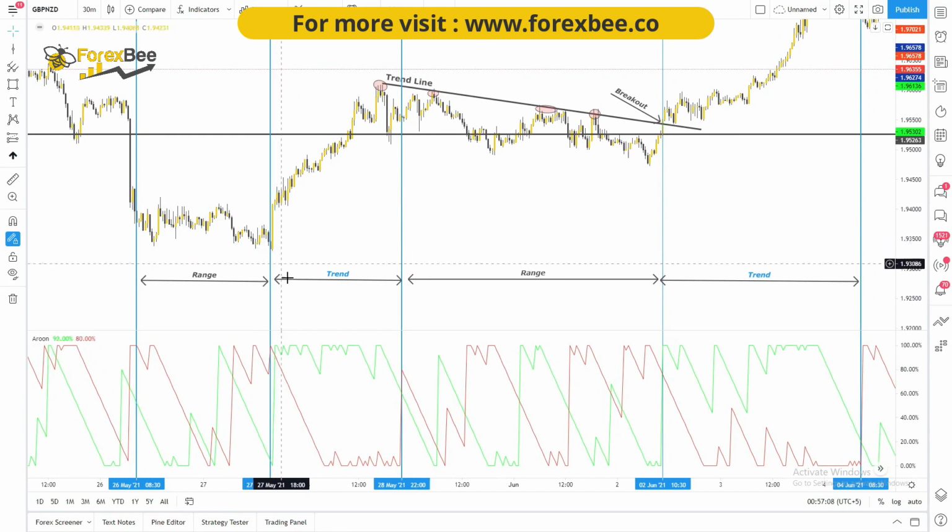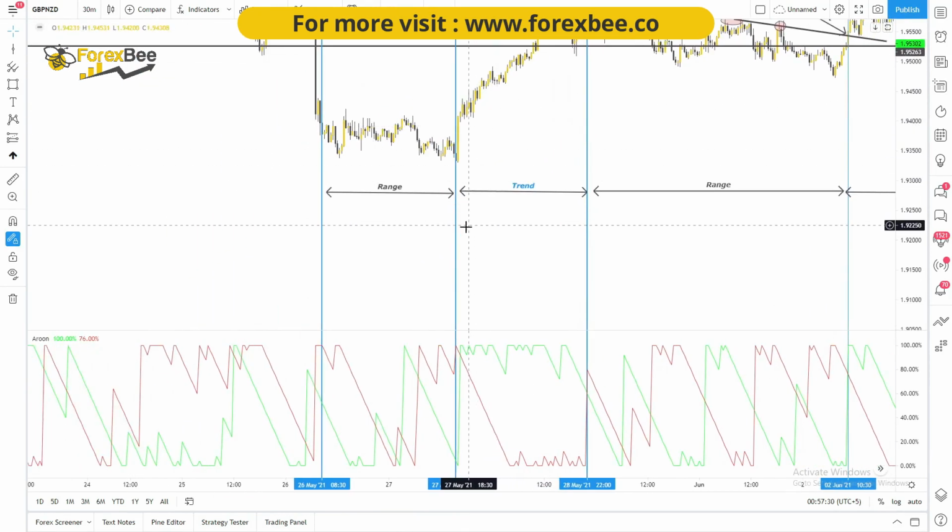As we can see here, the Aroon up is at the top level and Aroon down is at the bottom level. Aroon up is close to 100% and Aroon down is close to 0%. So the trend is going to be bullish dominant. As you can see from here, it started to become bullish dominant.